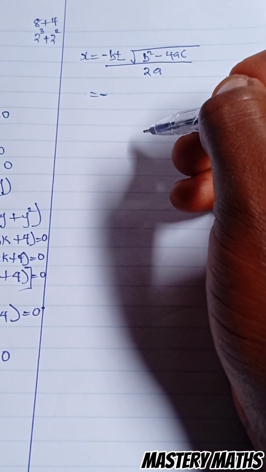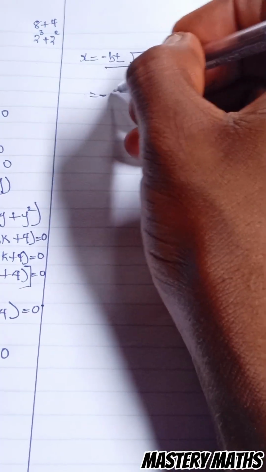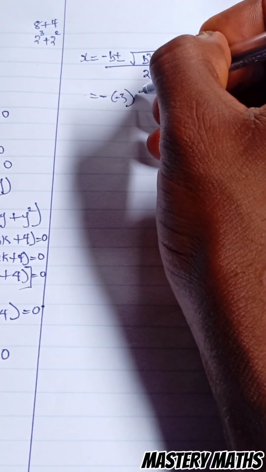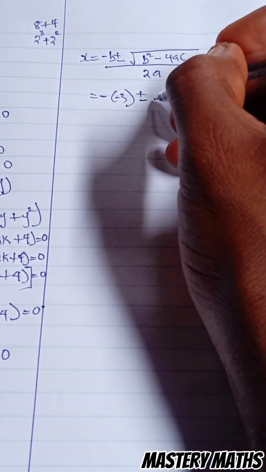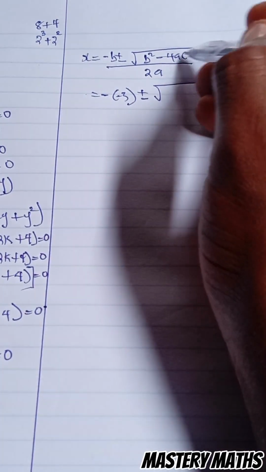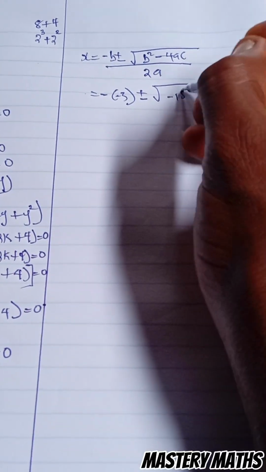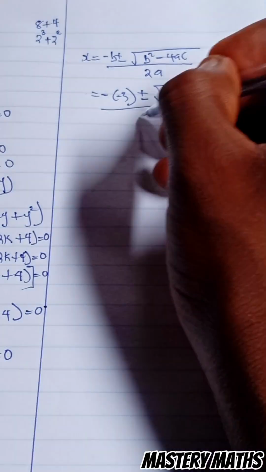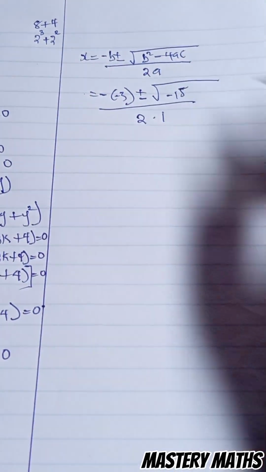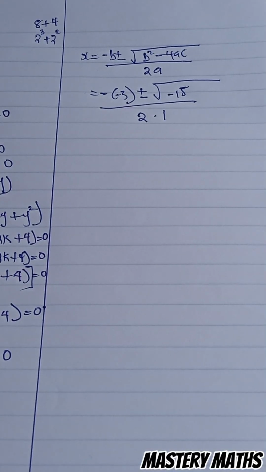According to what we have here, our b is minus 3. You have minus 3, you have your plus minus. Now remember we solved for b squared minus 4ac, which gave us minus 15. Minus 15, then all over your 2a, your a is 1.